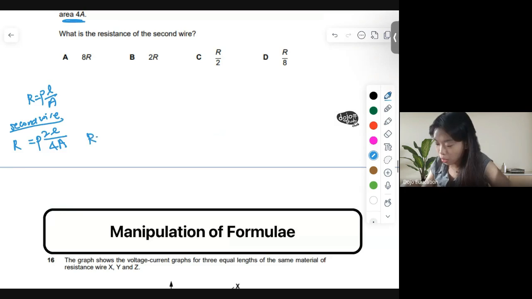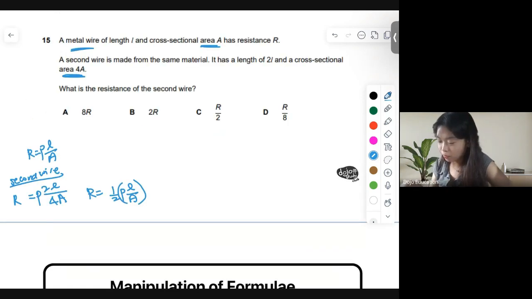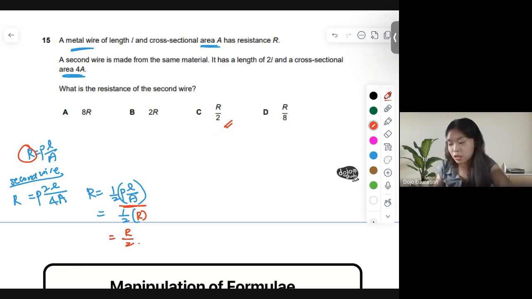R equals 2 divided by 4, half of rho L over A. The first wire has a resistance of R. So what happened to my second wire? It's just half of rho L over A, and rho L over A equates to my R. So it's half R, which is R divided by 2. This one is quite straightforward. Is there any uncertainty about this question?